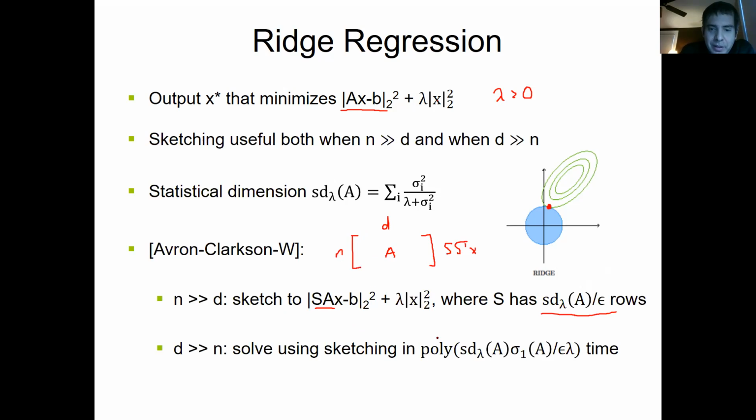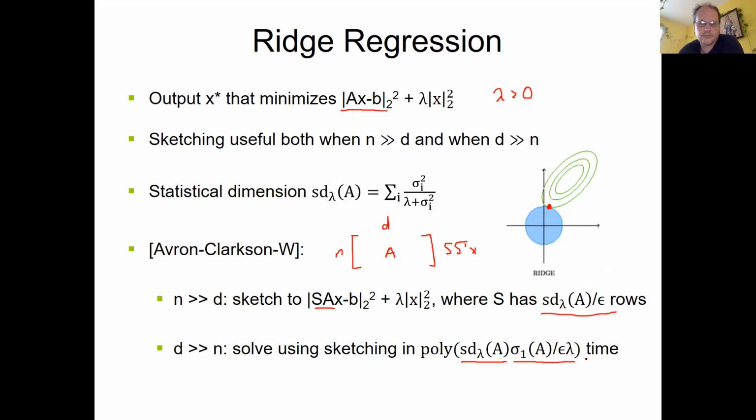Sketching has more limitations in this context, but you can still use sketching with a dependence now on some properties of A. So it's still polynomial in the statistical dimension, but it depends on the ratio of the max singular value of A to this regularization parameter lambda. And you can combine these two sketching techniques at the same time.